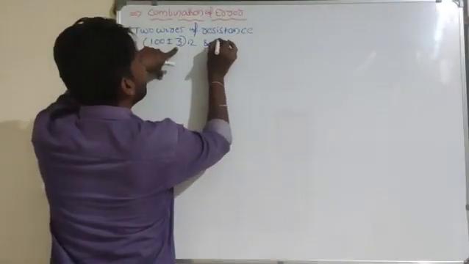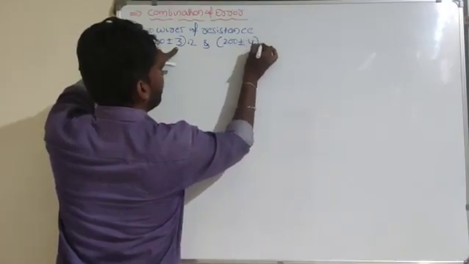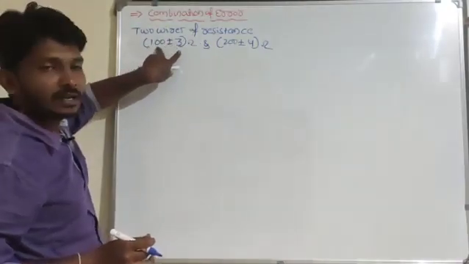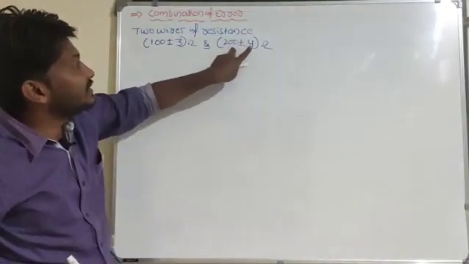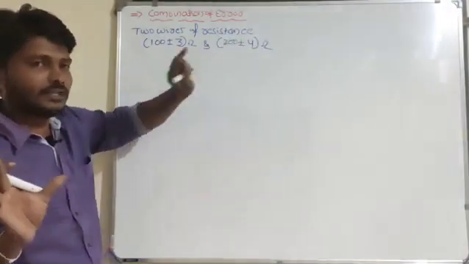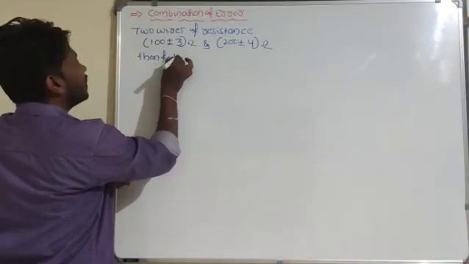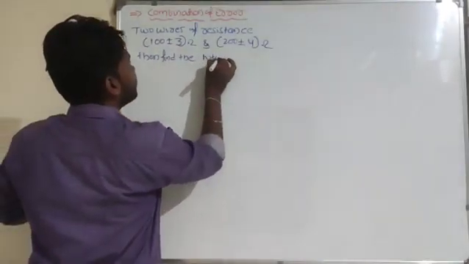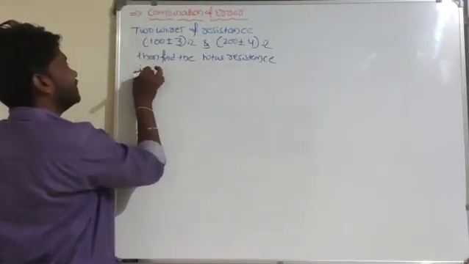And another one is 200 plus or minus 4 ohm. So I will take two wires here having the resistance 100 plus or minus 3 ohm and 200 plus or minus 4 ohm. So 200 ohm is the resistance, and 4 indicates the error while measuring the resistance of the second wire. Then find the total error. Find the total resistance in series combination.